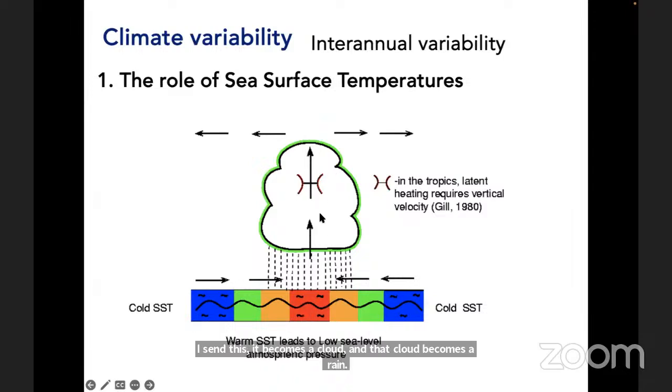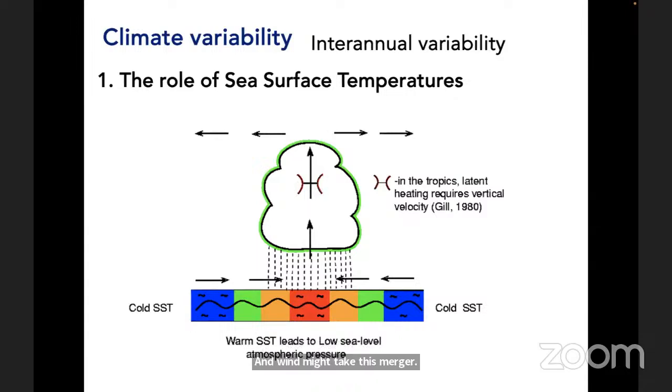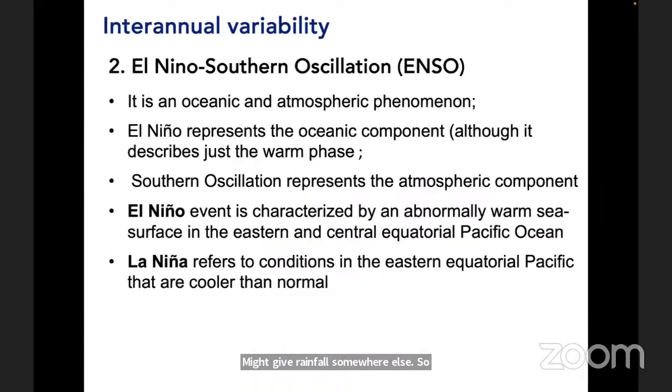But in many cases, this rainfall might not form here. The moisture might rise, and the wind might take this moisture somewhere else, and that can give rainfall somewhere else. So what is the issue now? One major source of what we call interannual variability.